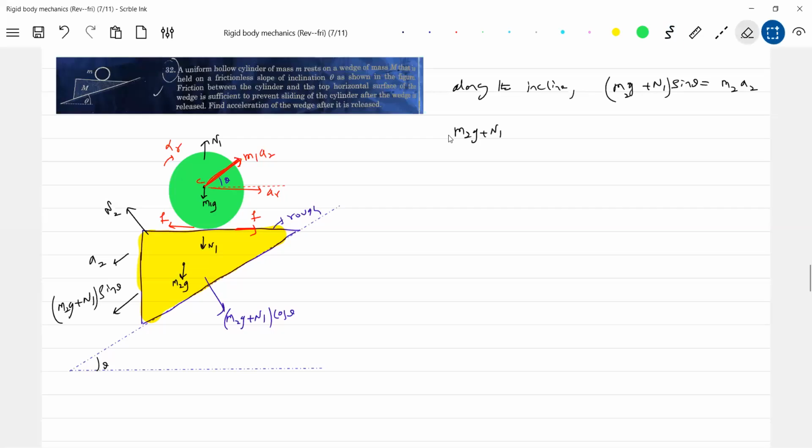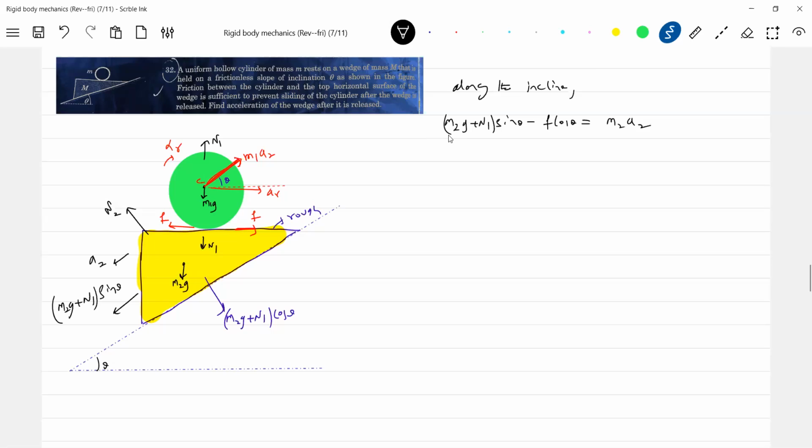Wait, what are the forces that will be? I think I may correct. Component of friction also should come, F cos theta, rolling friction.